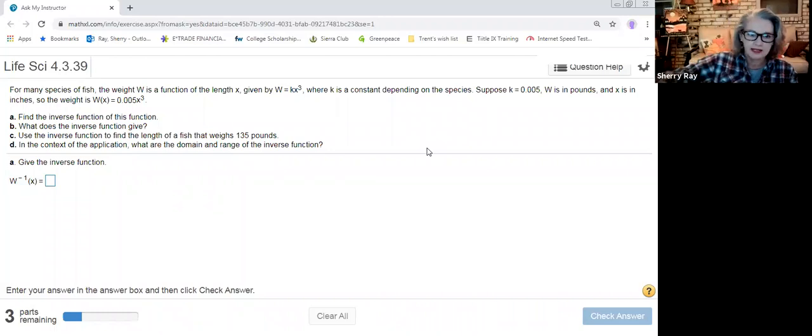The weight, W, is weight. Is a function of length x.